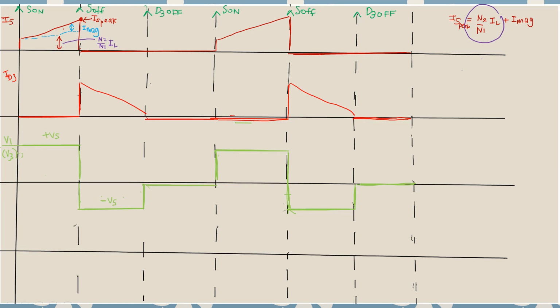So let's have a look at the last waveform I want to show you today. Let's go for purple. So V2. V2 is the same because remember V2 is the ratio.